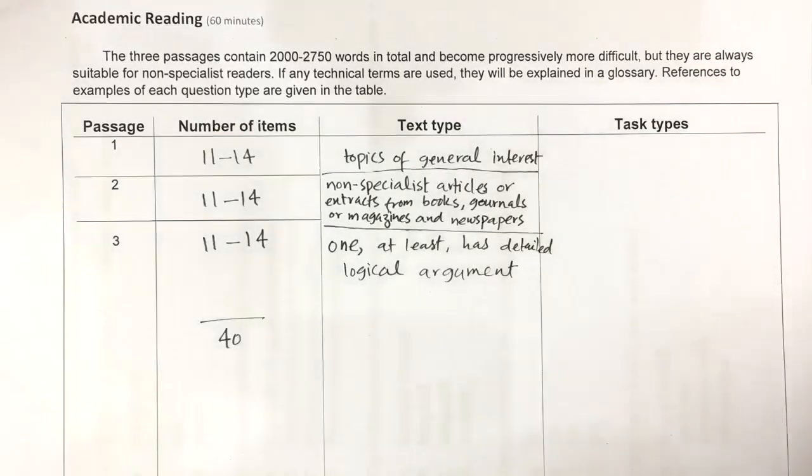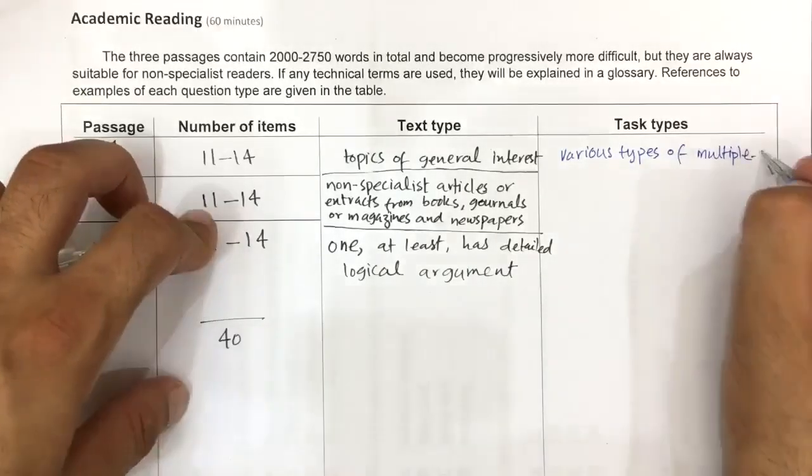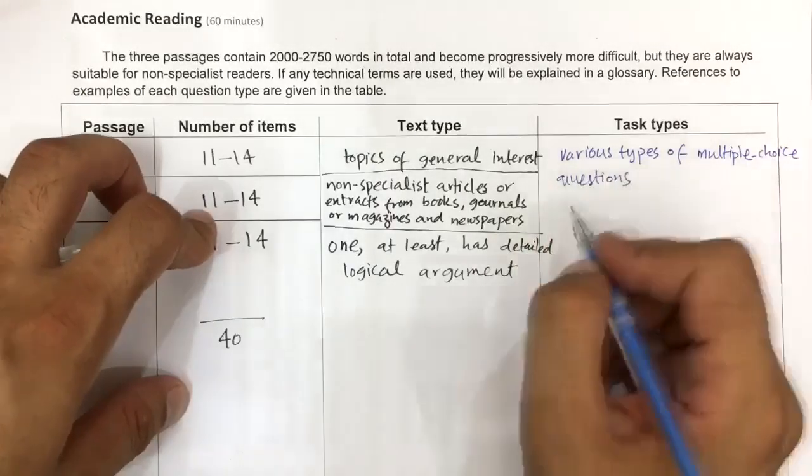Now moving to the task types, we can have various types of multiple choice questions in that paper.